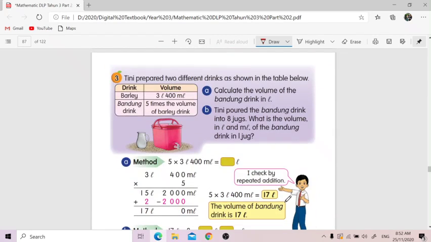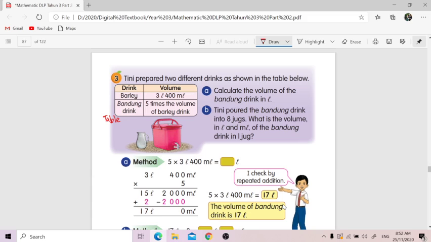Okay, so number 3. Tini prepared 2 different drinks as shown in the table. So normally also selain daripada grafik, kita ada table form. So ni adalah table, dalam bentuk jadual, ya. So prepared 2 different drinks as shown in the table below.